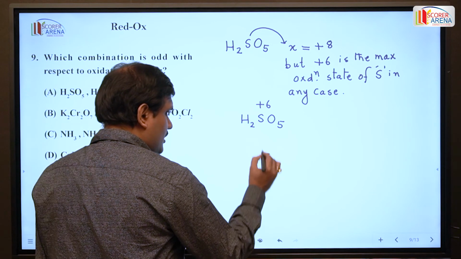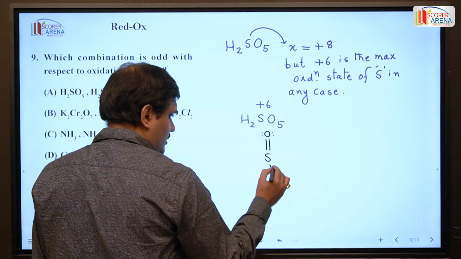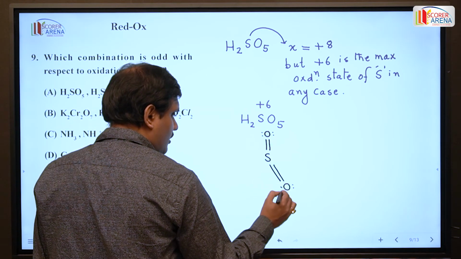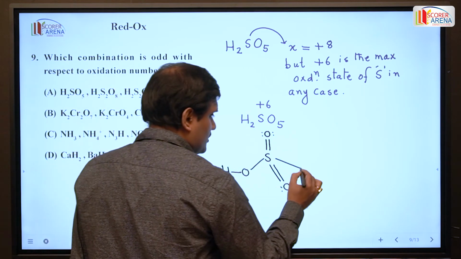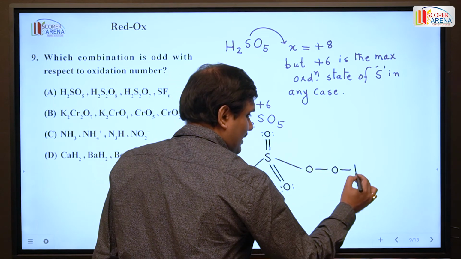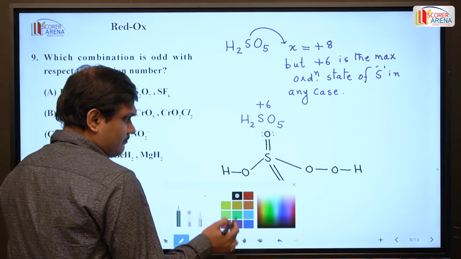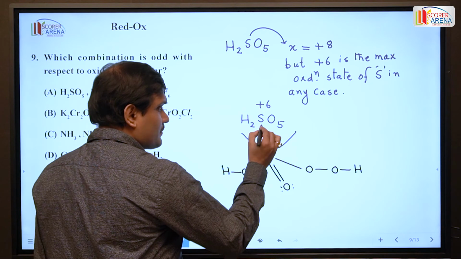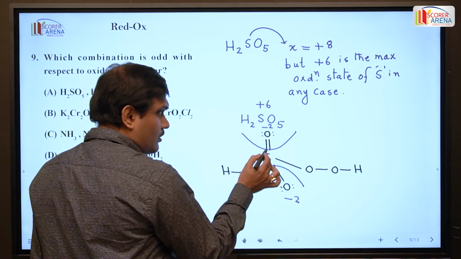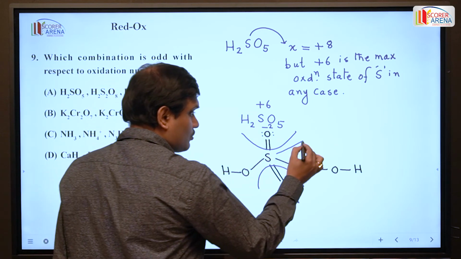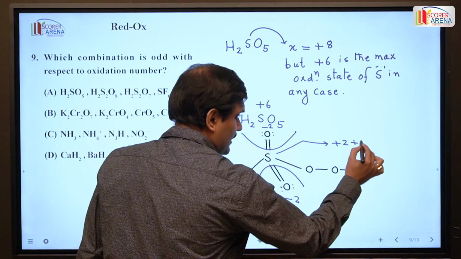If I draw this structure, it should contain some peroxy linkage. All the oxygens are not present in the form of oxide. Some oxygens are also present in the form of peroxide. So let's check. This oxygen will be -2, this one will also be -2, so for this oxygen the sulfur becomes +2, and again for this oxygen it becomes +2.